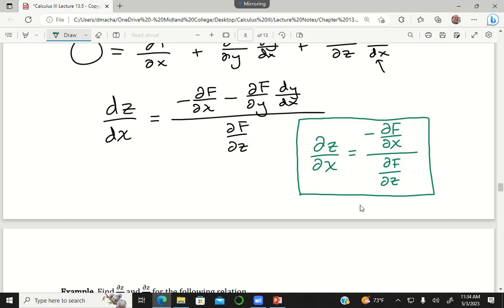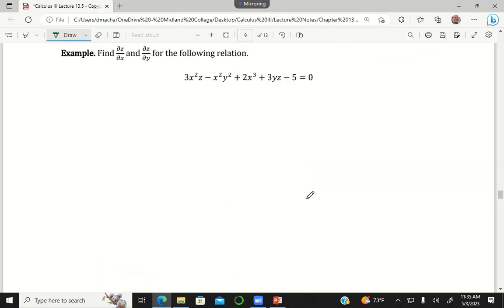All right, now let's do some examples with this. It says, find the partial of z with respect to x and the partial of z with respect to y for the following relation. This is already given to us as a function of x, y, and z equal to 0.